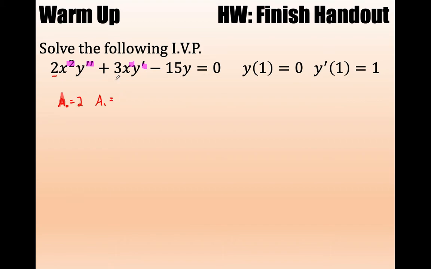We found out a shortcut to this is this coefficient minus the 2, which equals 1, and then of course the last coefficient is negative 15. So my quadratic is 2r squared plus r minus 15 is equal to 0.